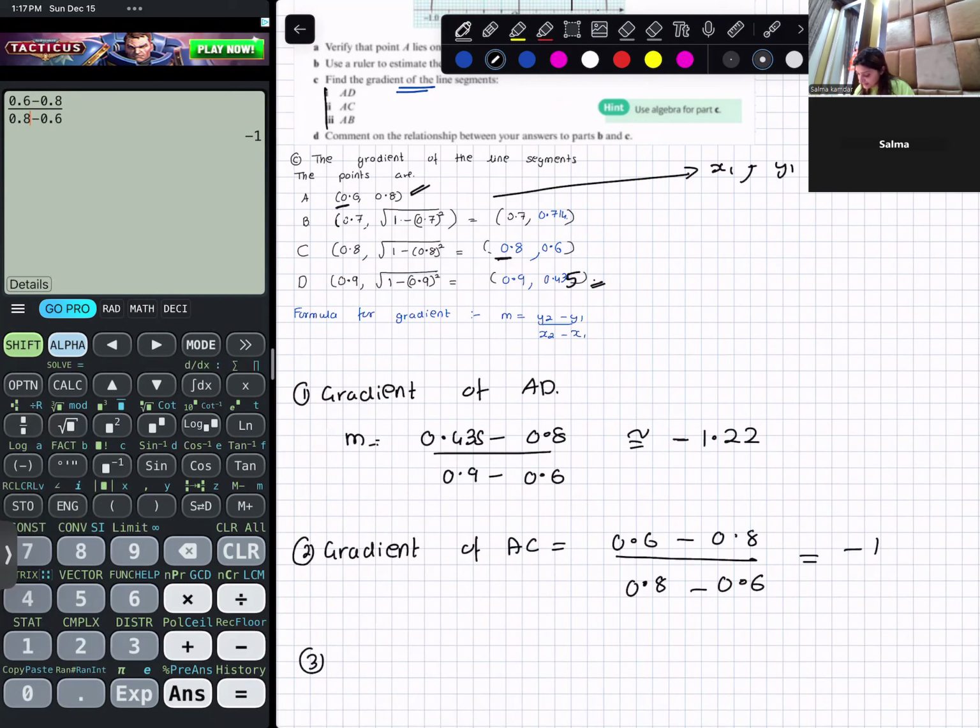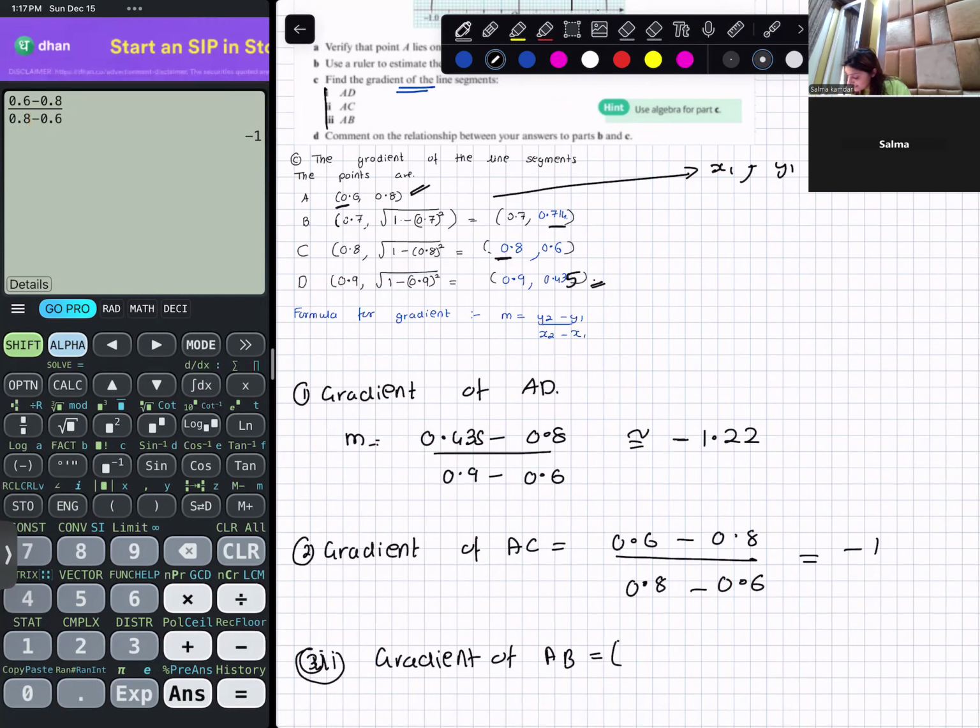Third part, gradient of AB. Y2 minus Y1, so Y2 is 0.714 minus Y1 is 0.8.